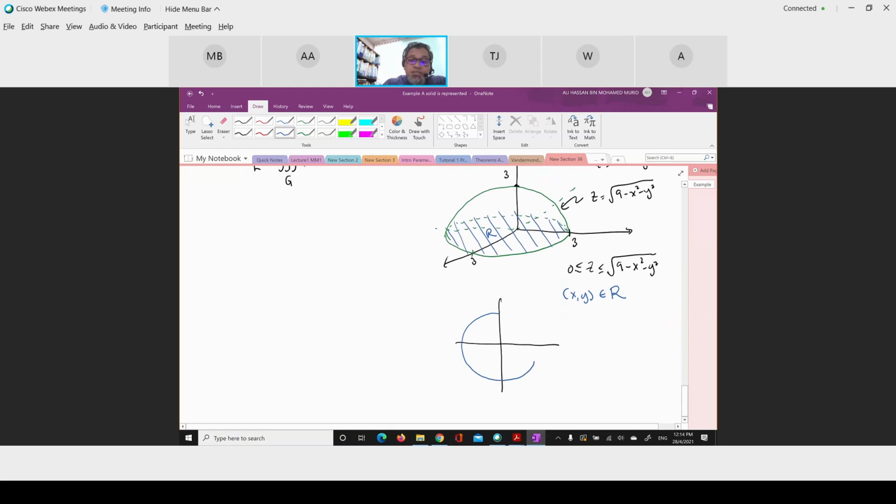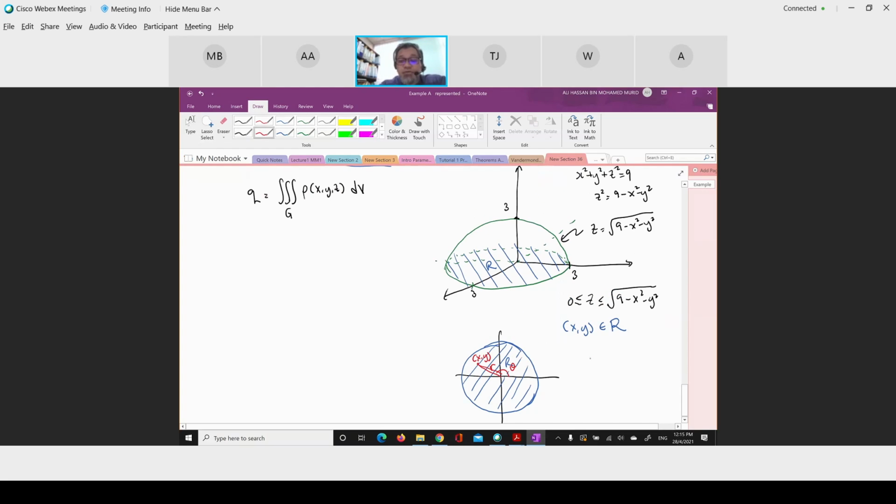Polar coordinates, yes. If it is circular, it is advisable to use polar coordinates, r and theta.